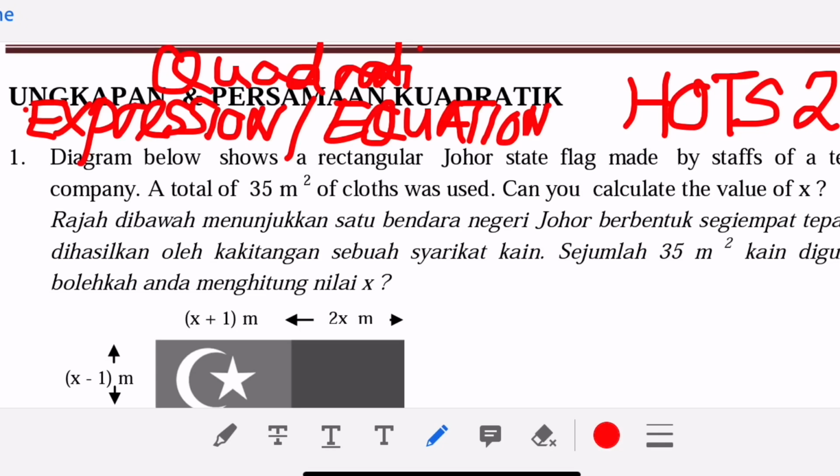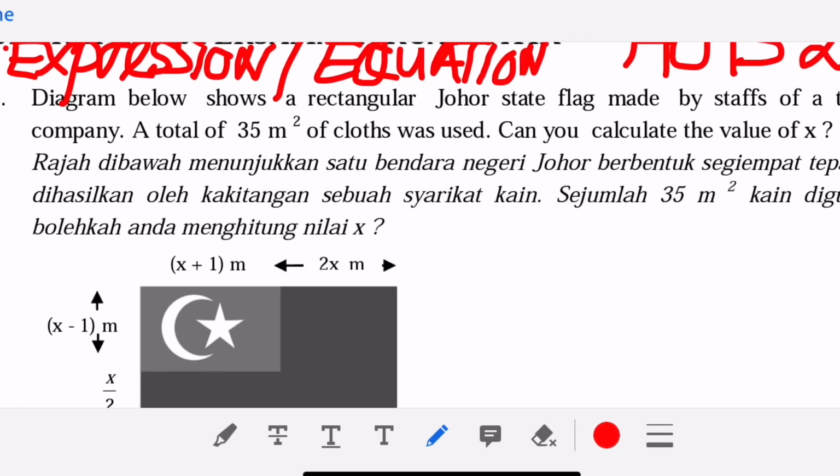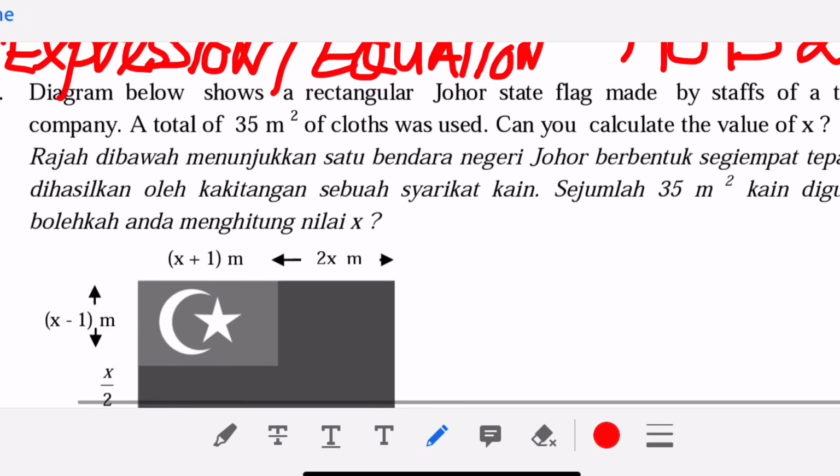The important keyword here of course is rectangular, right? You have to use a highlighter because when you have the shape, then you can calculate the area. You know the area for a rectangle is length times width, and actually it's quite simple for this one.